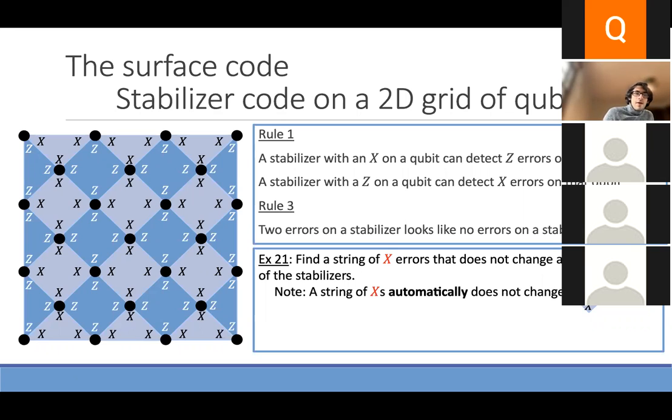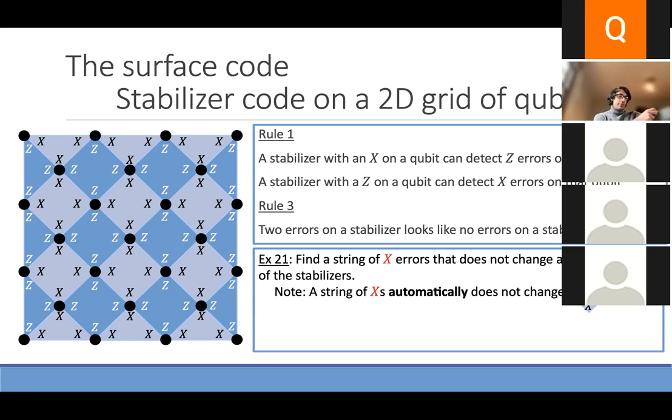As an exercise, I want us to first think about some errors this surface code can't detect. And this is an interesting exercise for a few reasons.